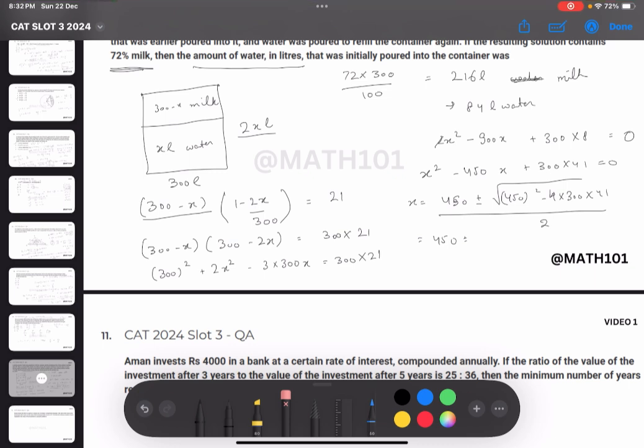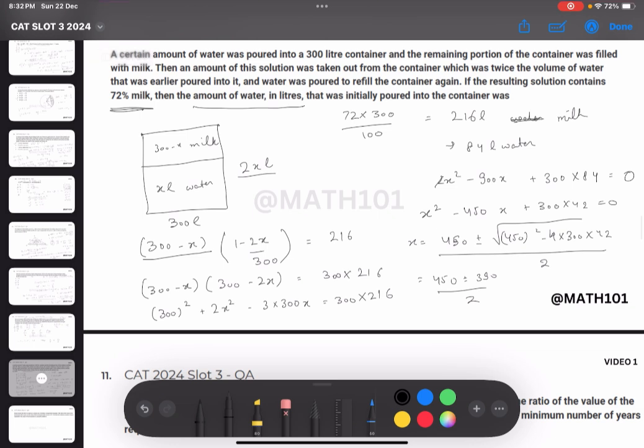And this will change this and this and this. 216, 216, 216. 300 into 84, 42, 42. So this is 450 plus minus 390 by 2.